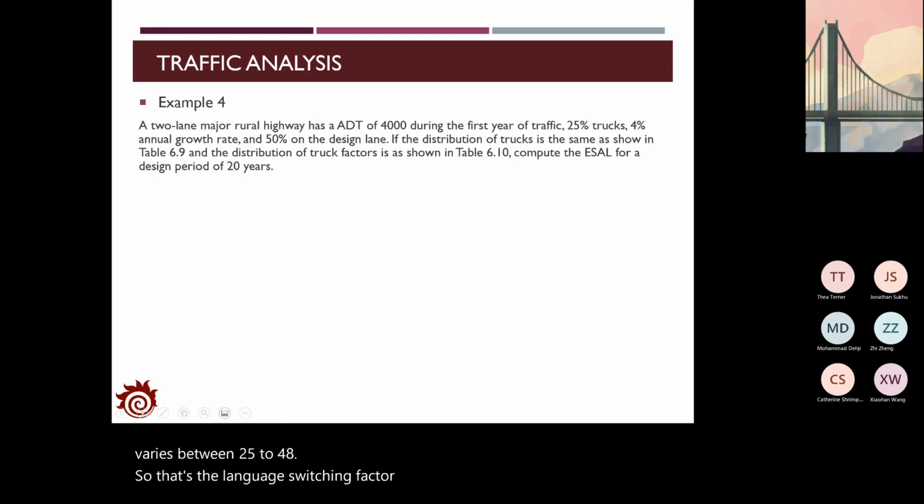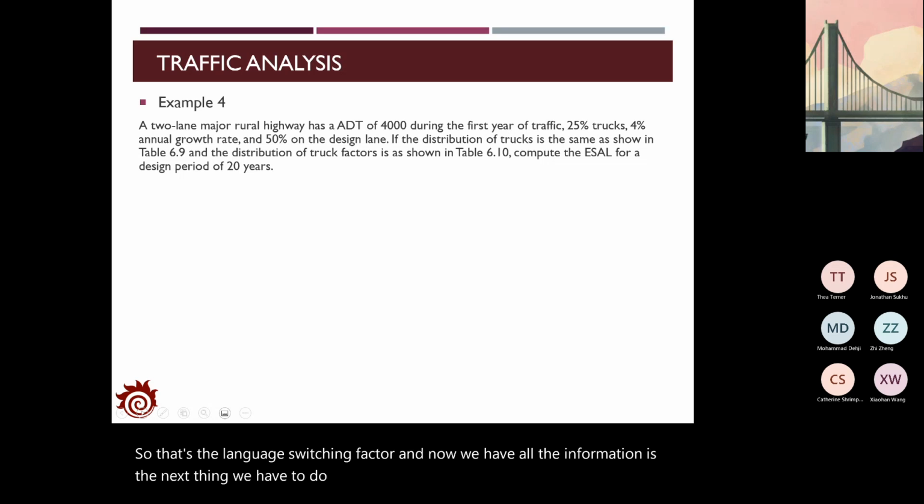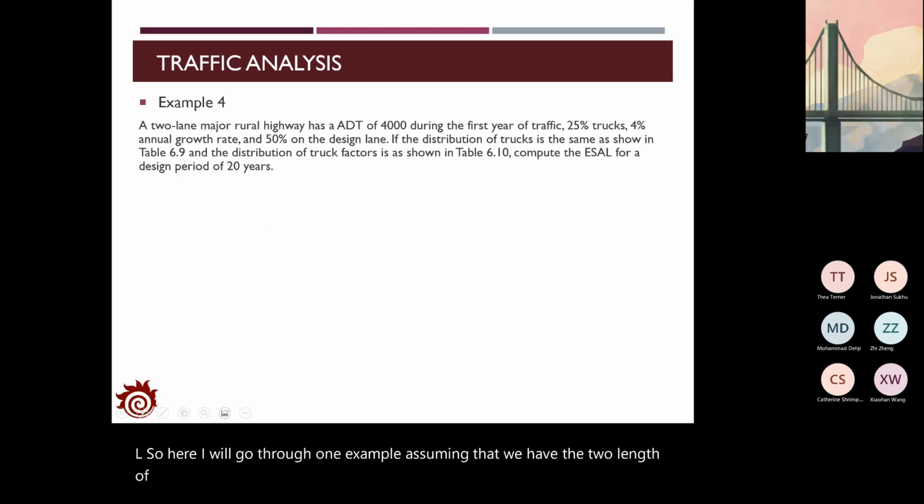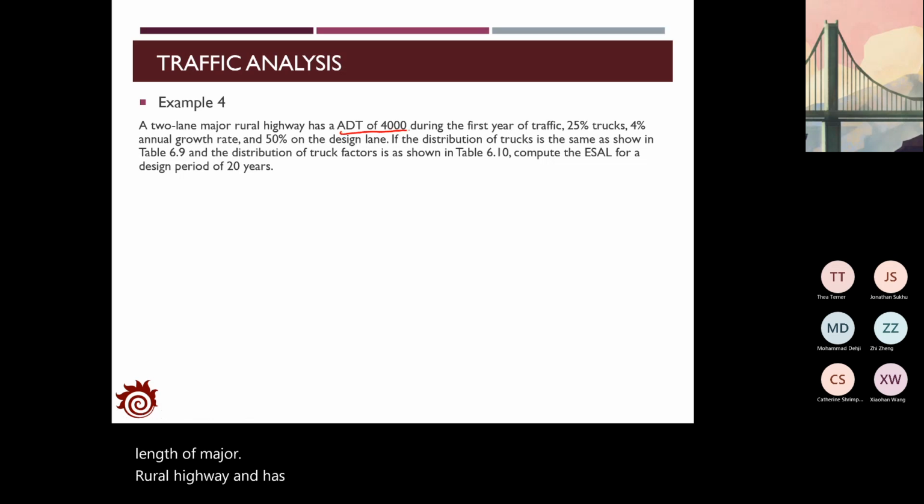And now we have all the information. So the next thing we have to do is see how we can estimate the ESAL. Here I will go through one example. Assume that we have a 2-lane major rural highway, and it has an average daily traffic of 4,000 during the first year.